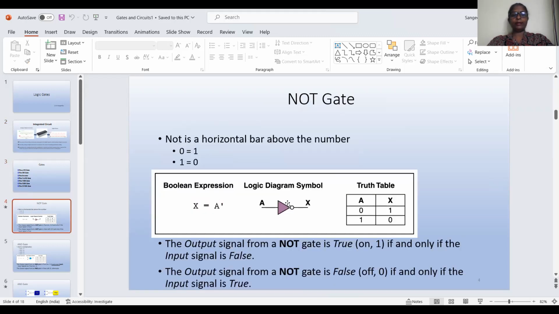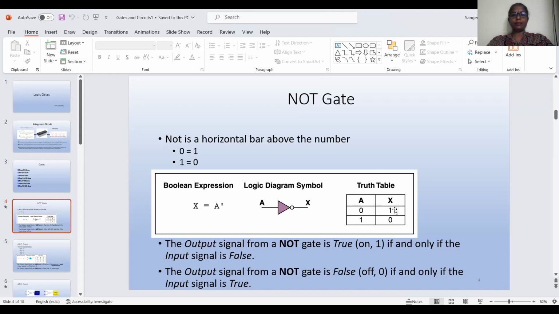Now, getting into the NOT gate. If you put a bar over a variable, you can call it the NOT function, or negation. If you pass A as an input, your output will be A bar. That is, if input is 0, output is 1; if input is 1, output is 0.